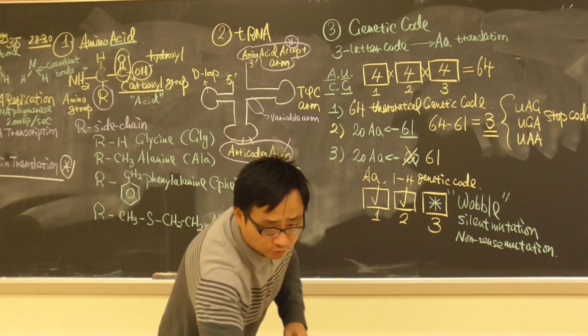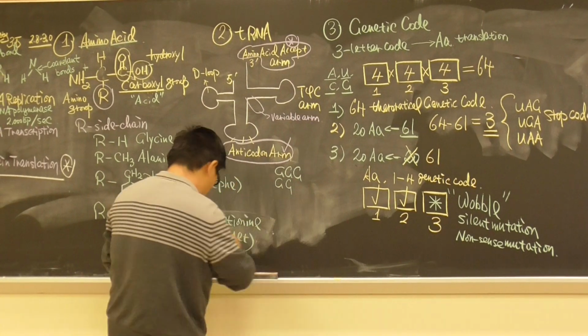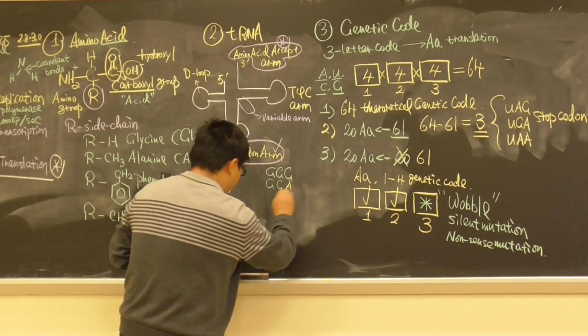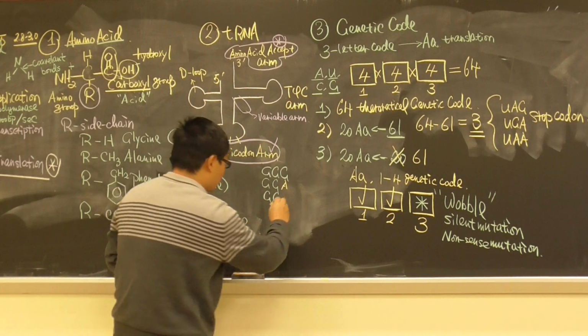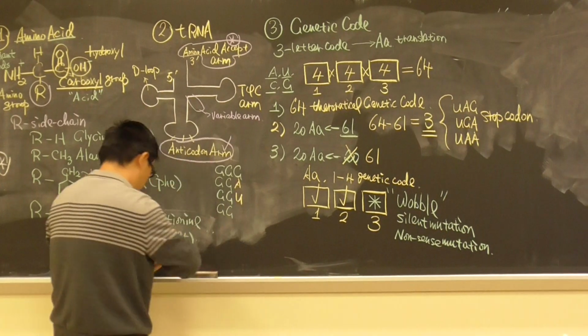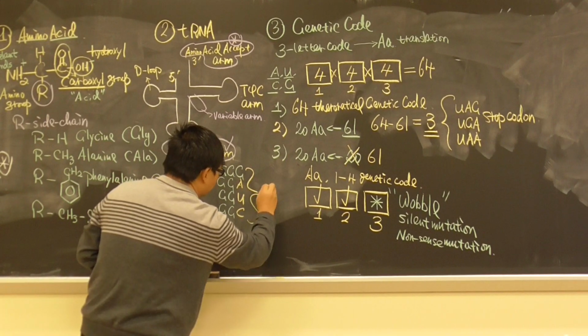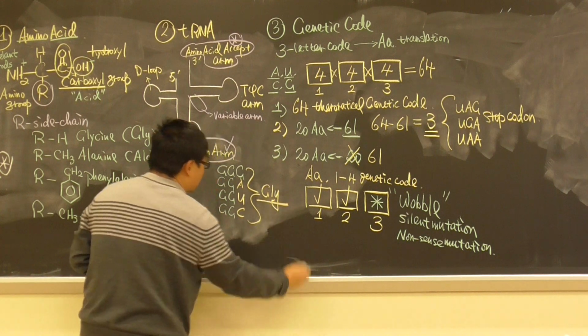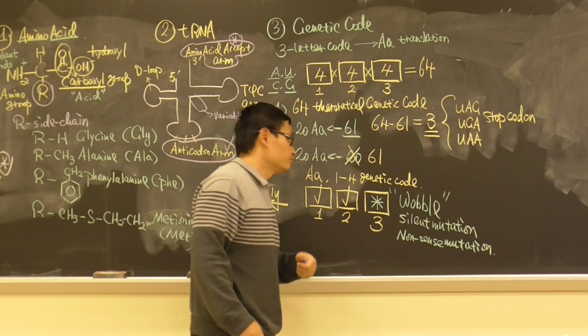If you look at the genetic code right here, you will see GGA, GGU, and GGC, these are all going to be translated to glycine. So that's an example of the wobble phenomenon.